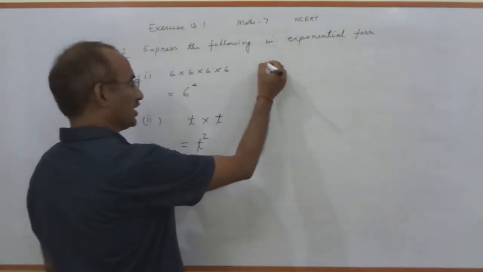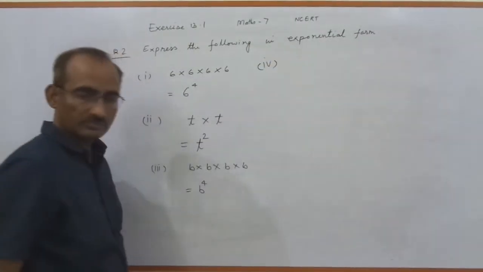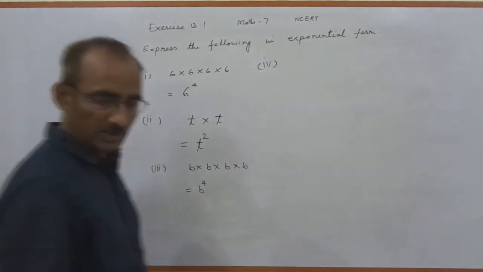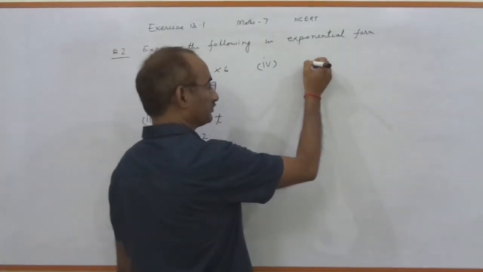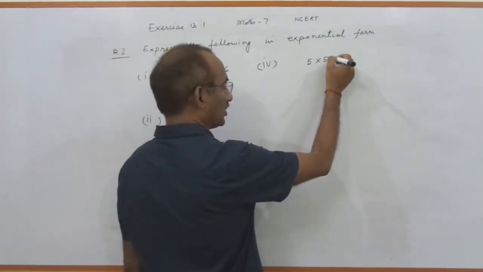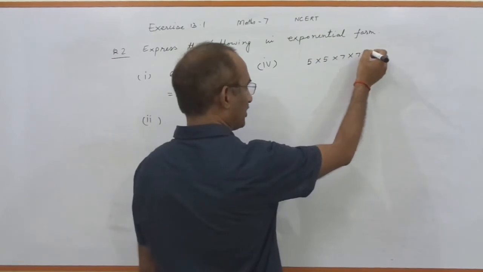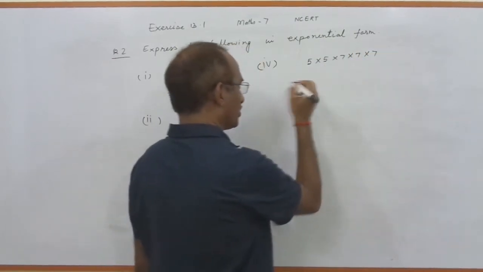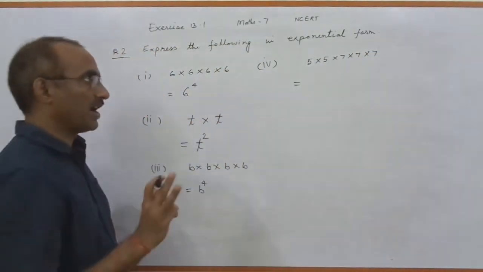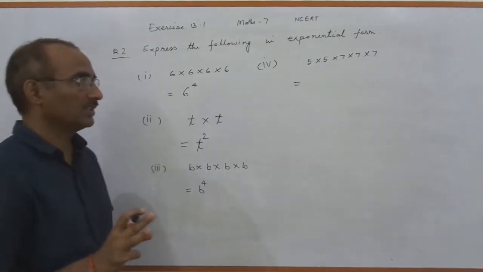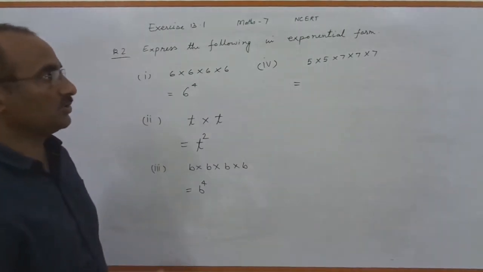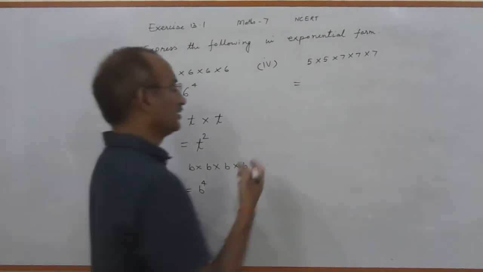The fourth question is 5 into 5 and 7 into 7 into 7. So here we have 5 into 5 and 7 into 7 into 7.